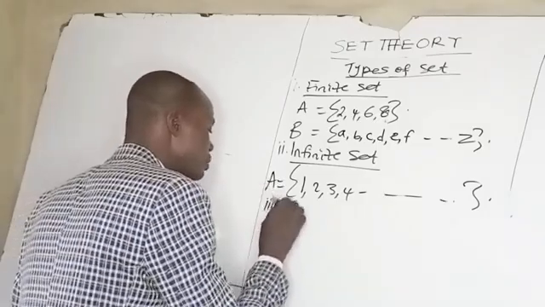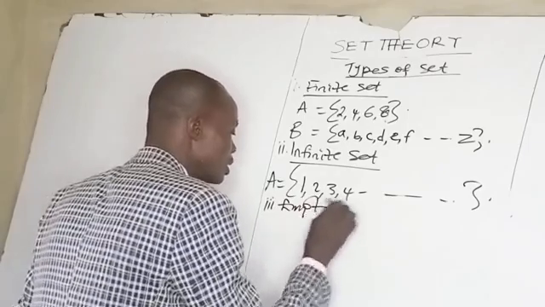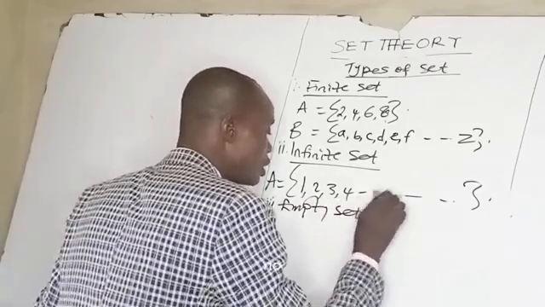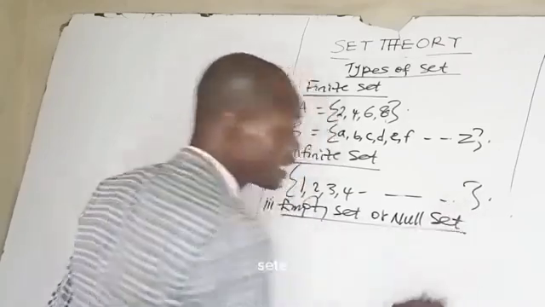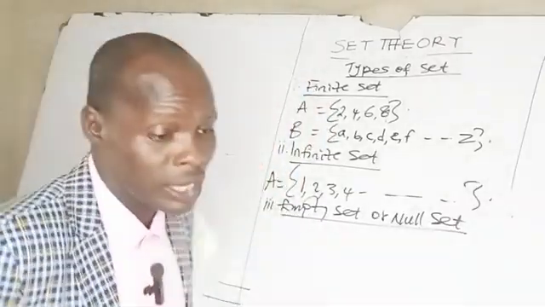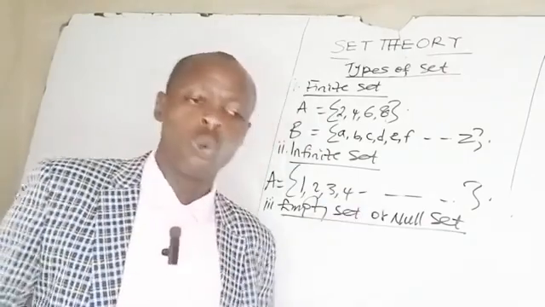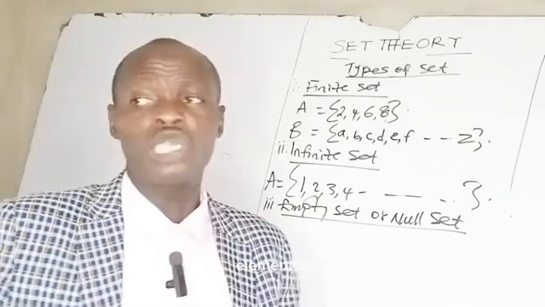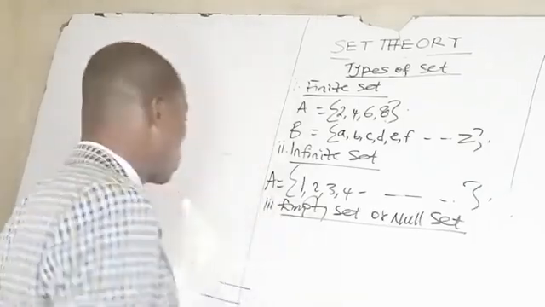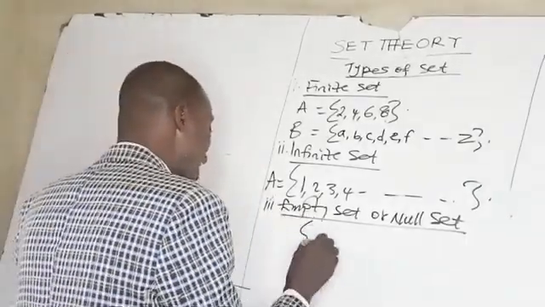Number 3 is the empty set or null set. This is a set without element, a set without element or member at all. So for an empty set, you may have it as this.